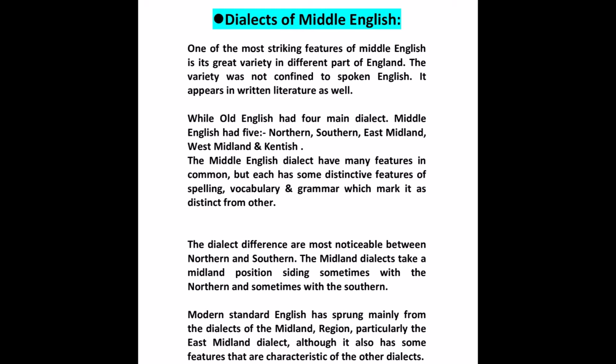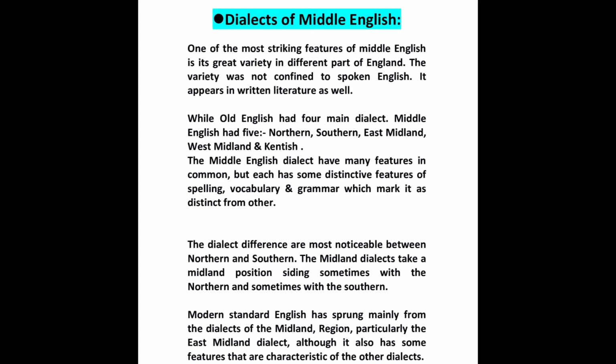The Middle English dialects have many features in common, but each has some distinctive features of spelling, vocabulary, and grammar which mark it as distinct from the others. The dialect differences are most noticeable between northern and southern.